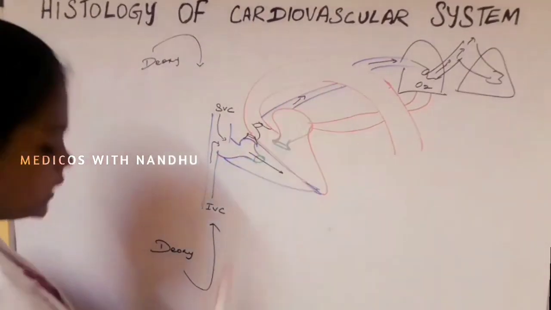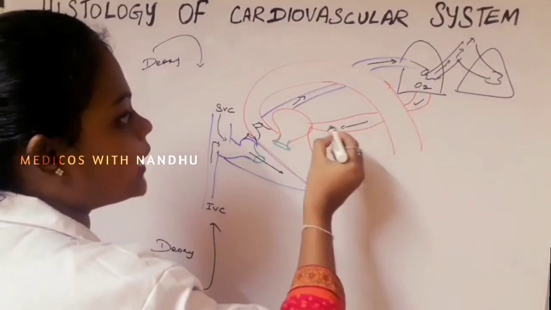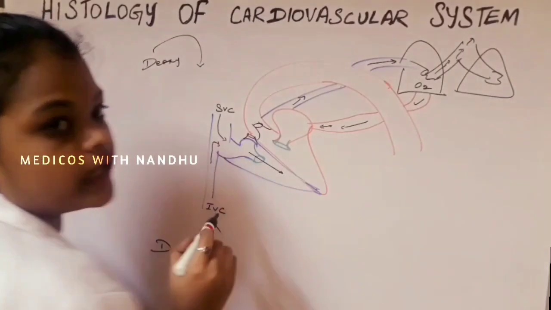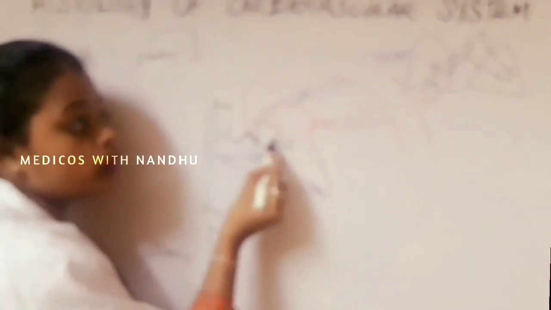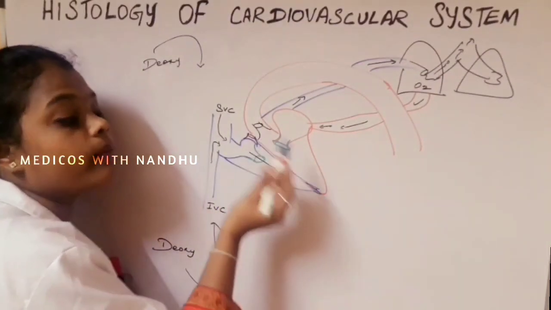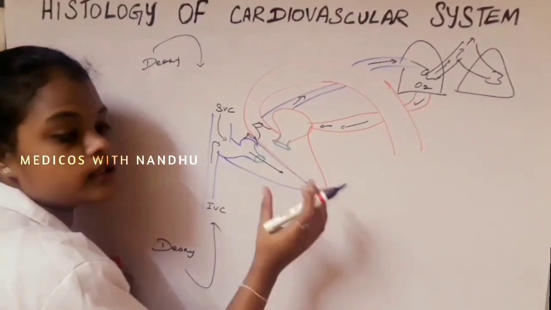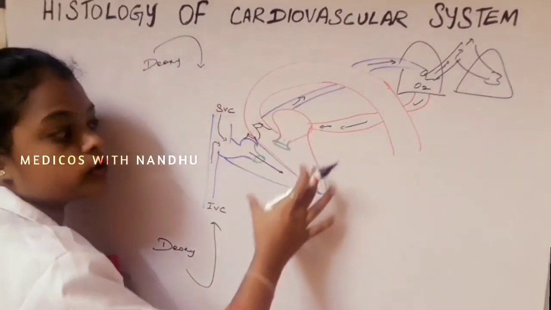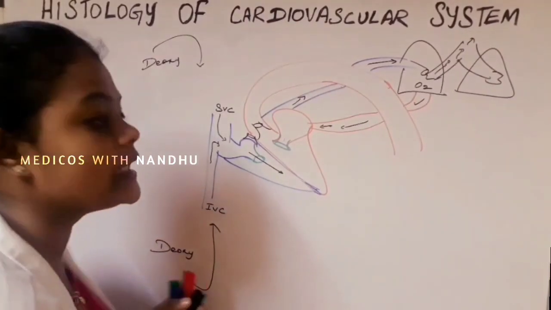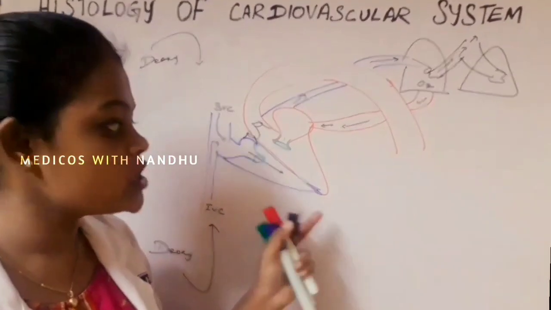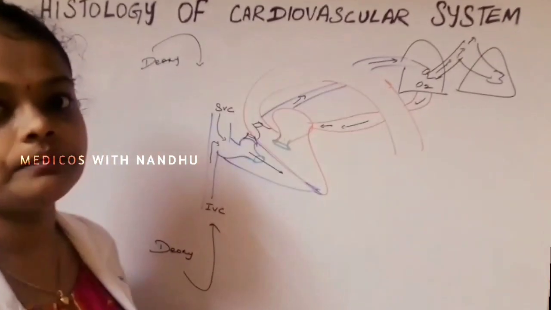So the oxygenated blood is collected through the pulmonary vein and reaches the left atrium. When the left atrium contracts, through the mitral or bicuspid valve it reaches the left ventricle. All these chambers are important, but the left ventricle is more important because the pressure in the left ventricle is more than in the other chambers.